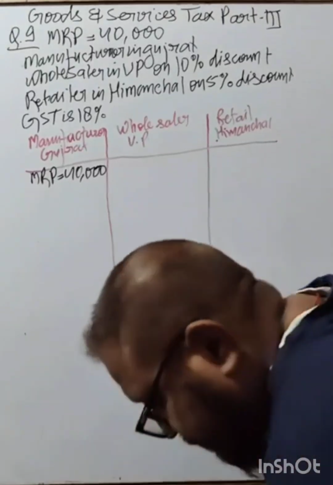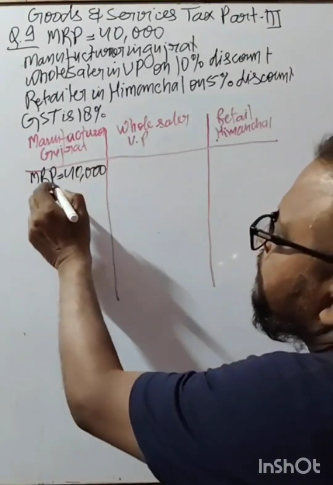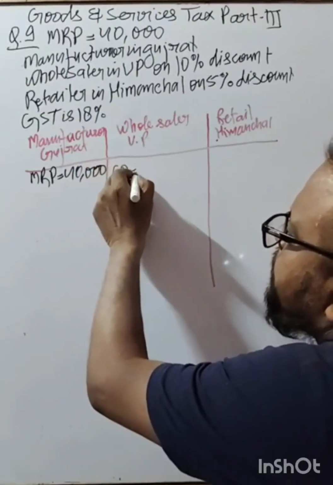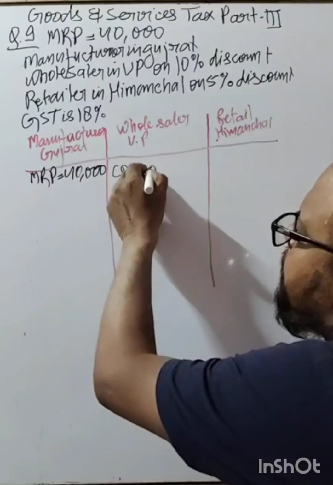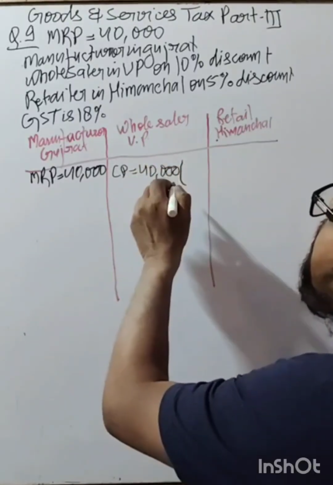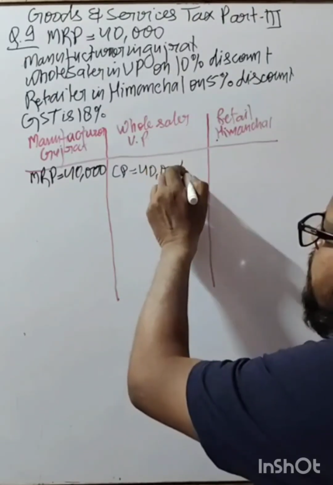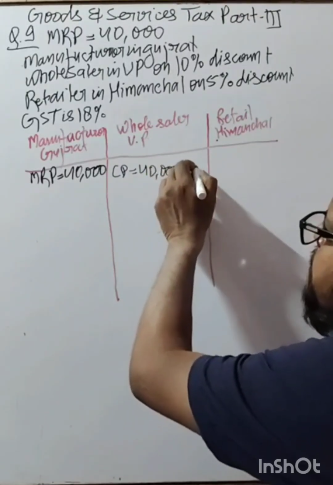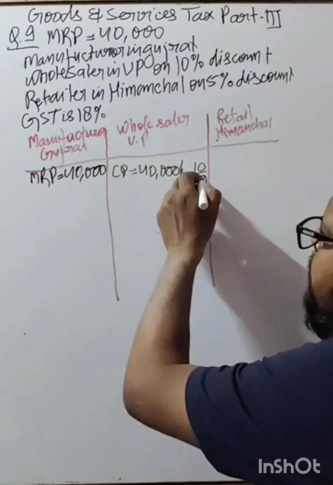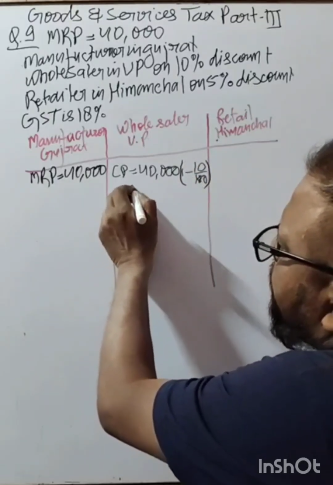So the cost price to wholesaler, the cost price of wholesaler is equal to 40,000 into bracket 1 minus 10 upon 100, right?